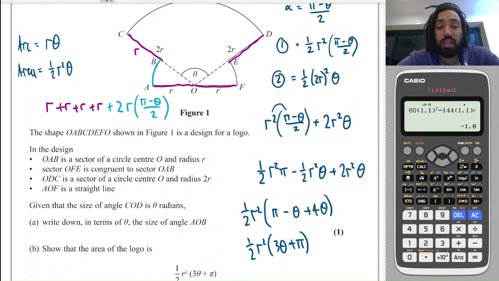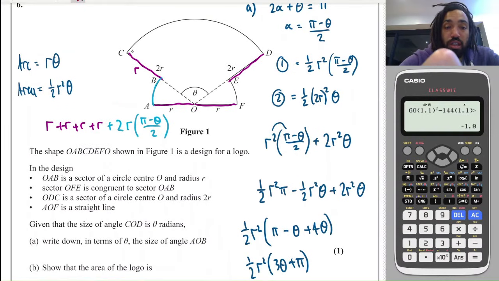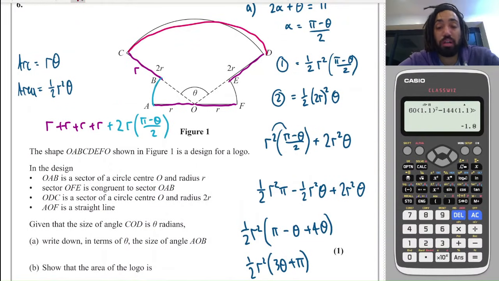And what else do we need? We need the larger arc length as well, and that is going to be just 2r is the radius, so plus 2r, and the angle is just theta. Okay, so let's add these all up down here.